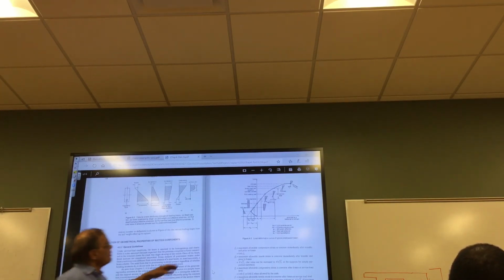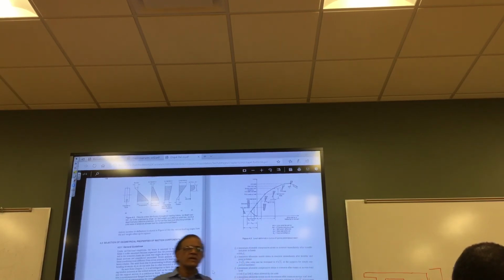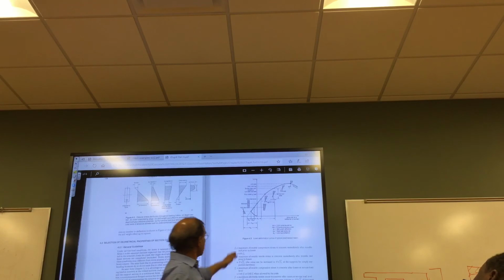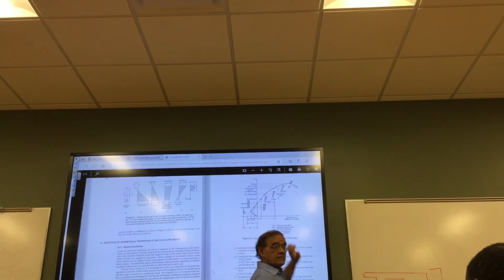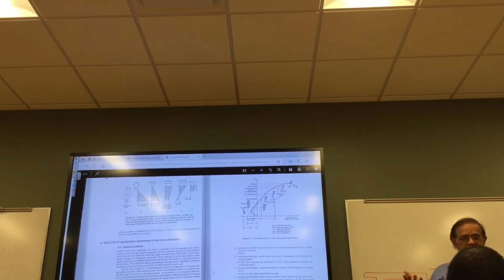And then beyond that, you have rupture. It breaks. So you see how we have to deal with all this, because at every stage we want to make sure the tension and compression limits are not exceeded. Okay.